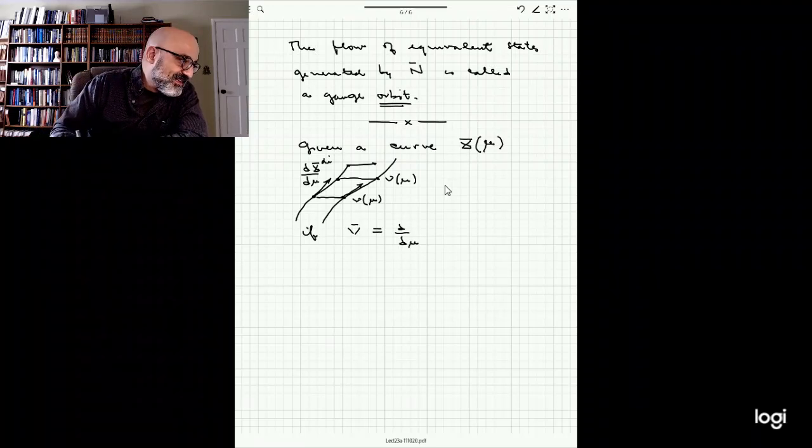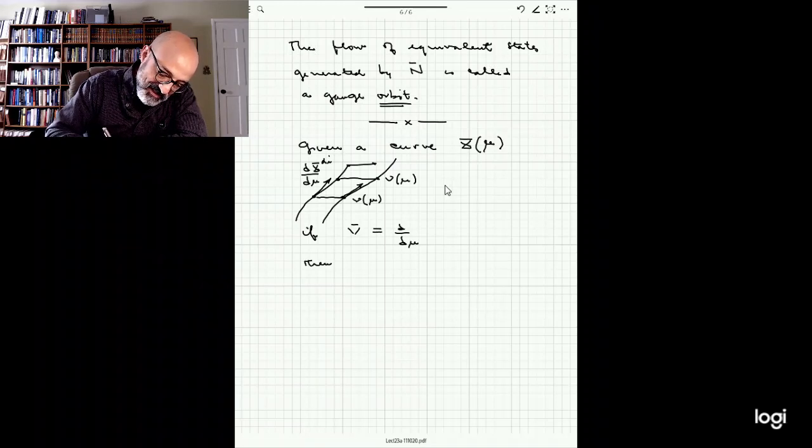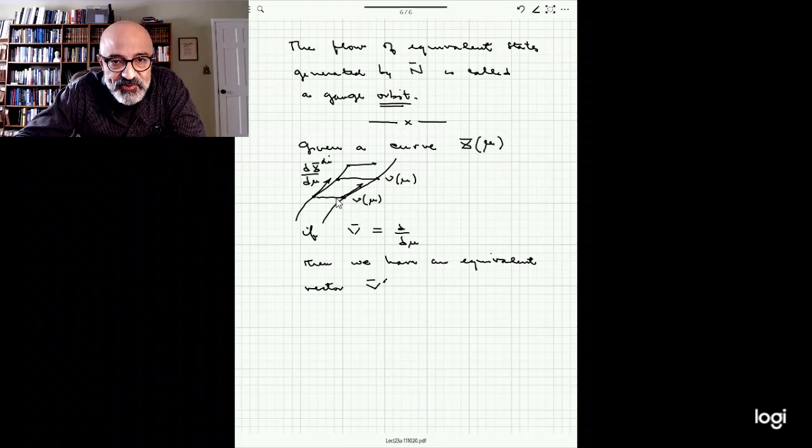then we can construct an equivalent vector v prime, and the point of this v prime is that these are all allowed states, and these are all equivalent states given by a flow along n.